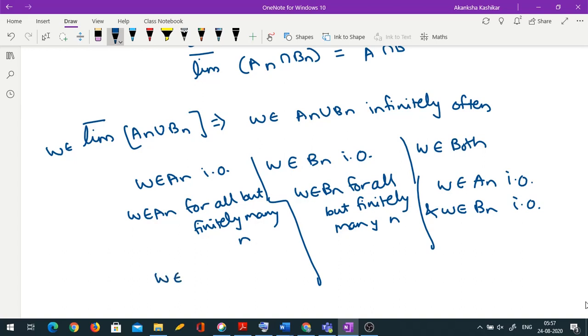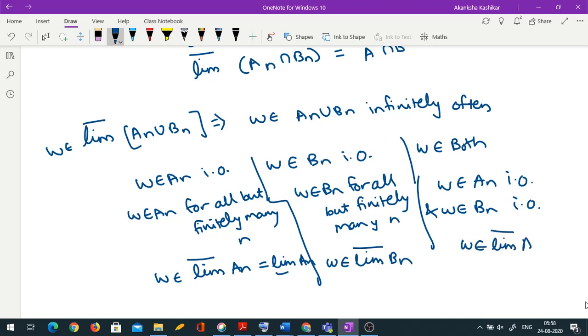So this would mean omega belongs to lim sup of A_n, which is also equal to liminf of A_n, or omega belongs to lim sup of B_n, or omega belongs to both, so lim sup A_n intersected with lim sup B_n.